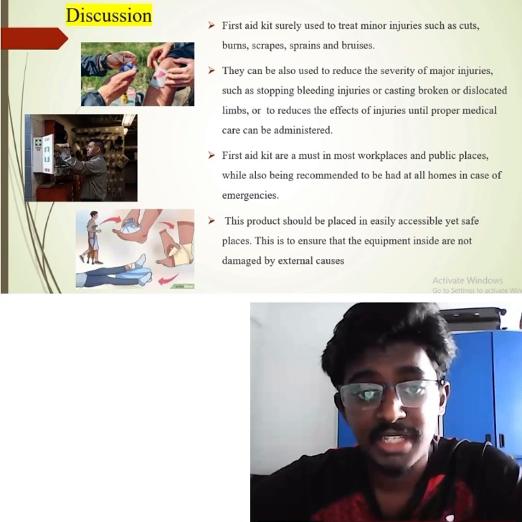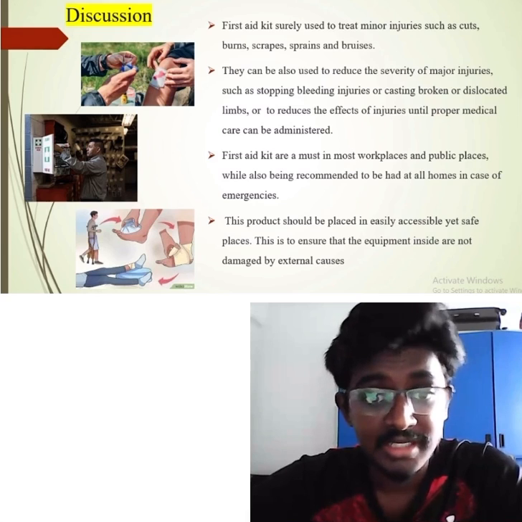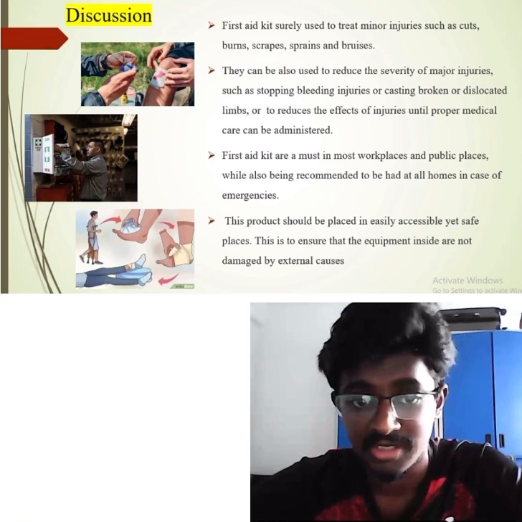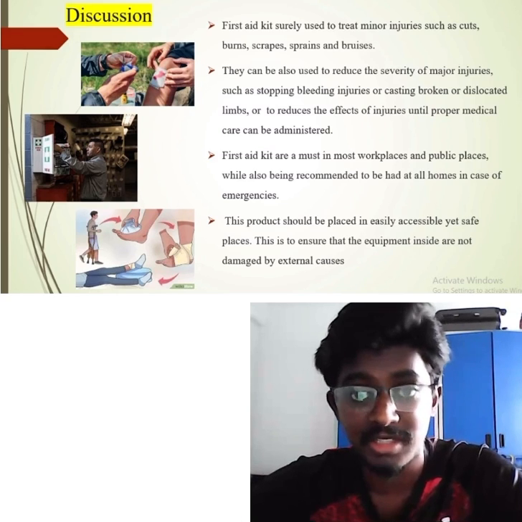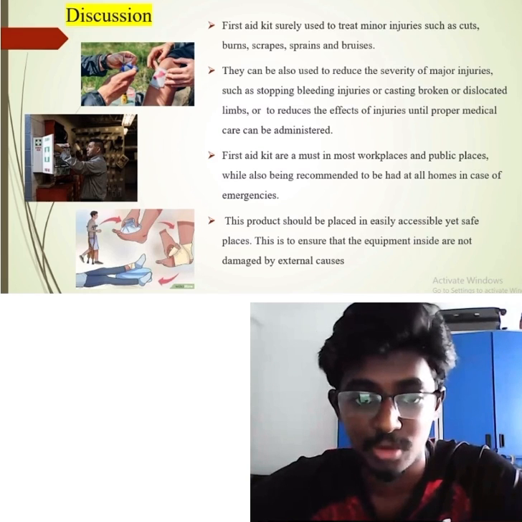So a first aid kit should be placed in easily accessible yet safe places. This is to ensure that the equipment inside is not damaged by external causes. The reason being that a first aid kit contains variable materials that are very sensitive to things such as moisture or air exposure.